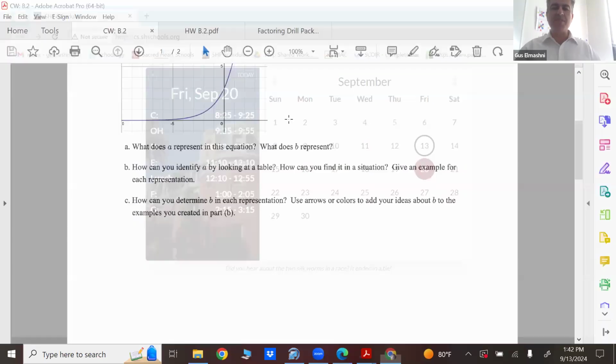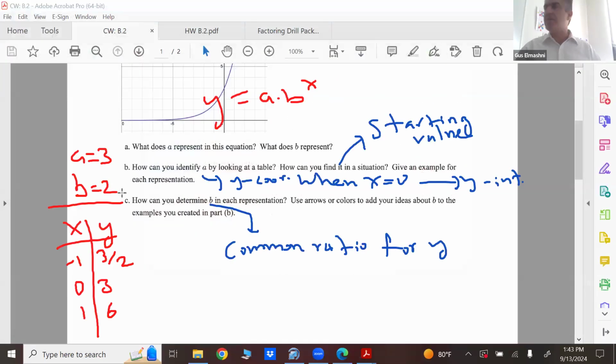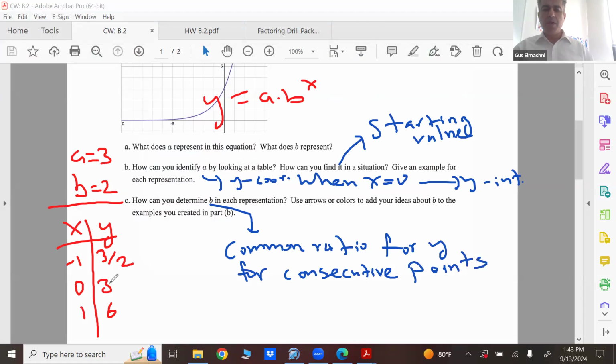Hey guys, let's get back. Let's finish this up. Anyway, for part C, how can you determine what B is? It's a common ratio for Y for consecutive points. So look over here.